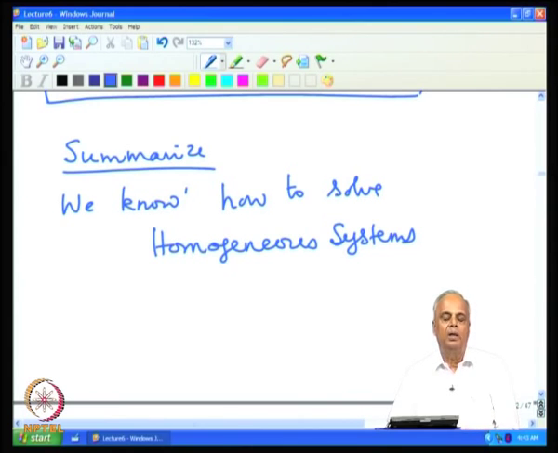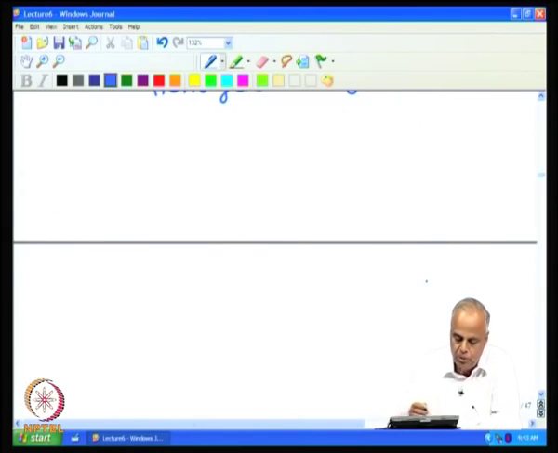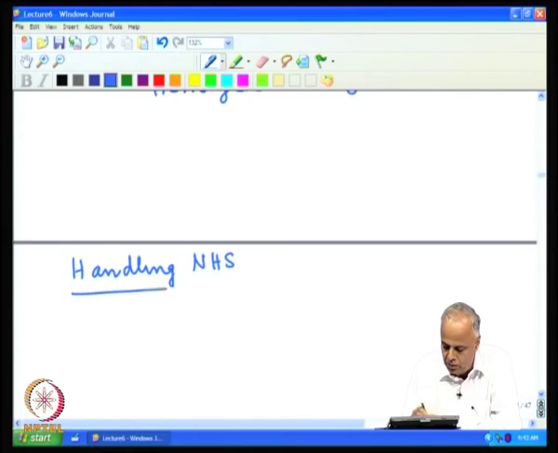If you recall, when we solved non-homogeneous systems, the solutions involved two parts. One was finding the solutions of the homogeneous system, which we have now clearly handled by reduction to row reduced echelon form. And we also had to find a particular solution of the non-homogeneous system to put together a complete picture of the solution. So, now let us proceed towards handling the non-homogeneous system.